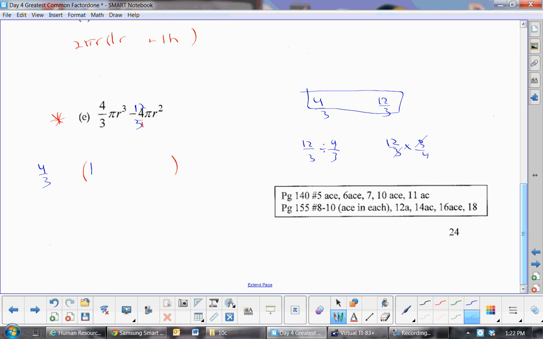Those cancel. So you're left with 12/4, which equals 3. So that would be a 3 there, right? You're dividing. Okay? You would have to put -3. That's why I said this was going to be hard on you guys.